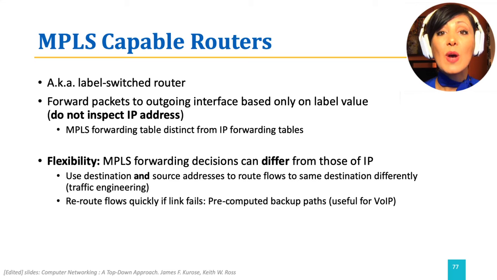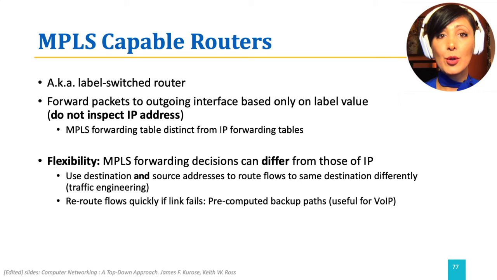MPLS also has a capacity to reroute the flows very quickly through a new path to the destination. This is done if there is a problem in the current route and is enabled through pre-computing backup paths. This will need a way like routing to find the paths, as well as protocols to distribute the MPLS labels to be used for switching.